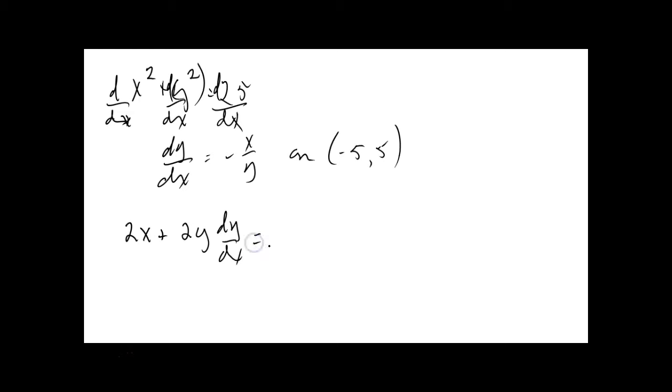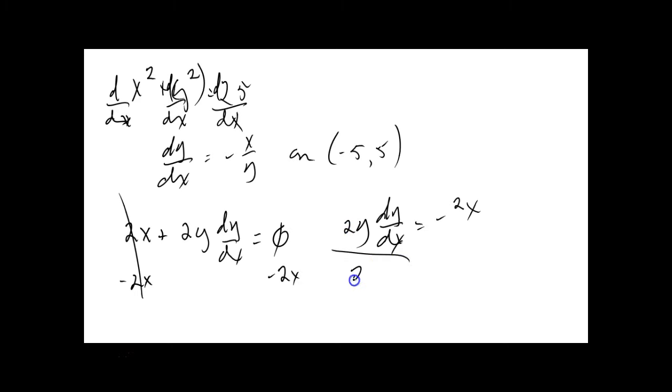And that's equal to, what is the derivative of 25? 0. Now we solve this for dy/dx. We subtract 2x from both sides, and that gives us 2y dy/dx is equal to minus 2x, because this goes to 0. Then divide by 2y. Yes, you get minus x over y.